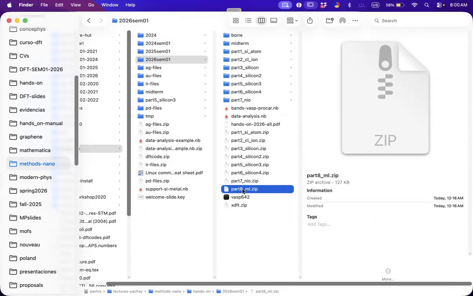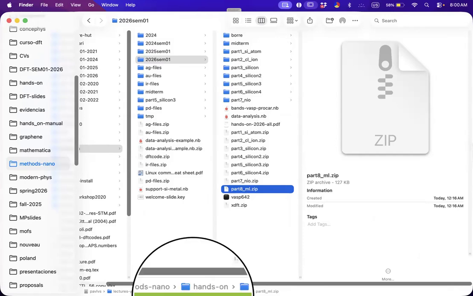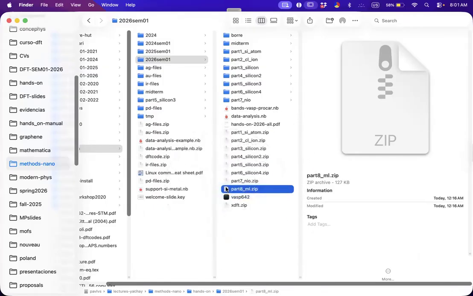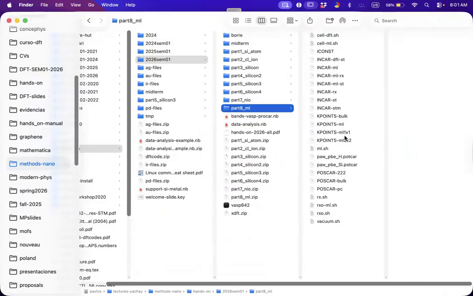Okay. This part 8, ml.zip. So this ML stands for machine learning. Okay, so decompress this, please. And that's it. Okay. So this is, as you can see, more complete DFT.